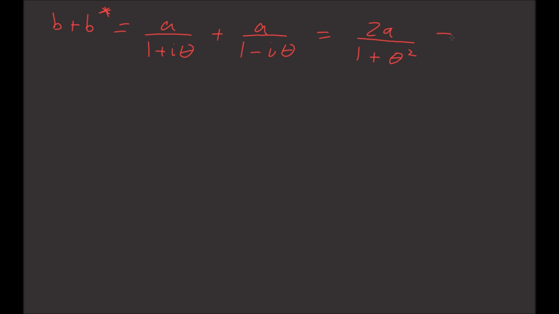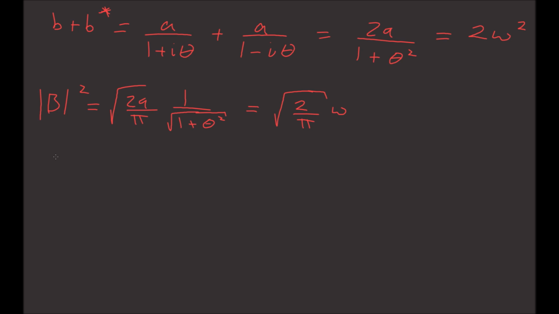In terms of omega, this is exactly equal to 2 times omega squared. Right? And b star b is equal to square root of 2a over pi times 1 divided by square root of 1 plus theta squared. And in terms of omega, this is equal to square root of 2 divided by pi times omega.